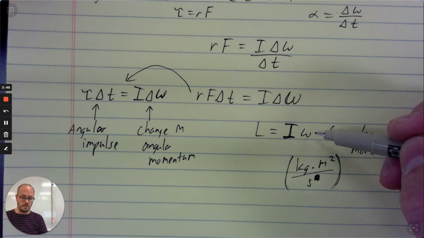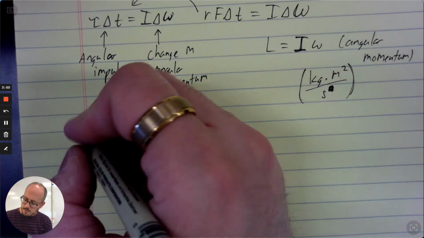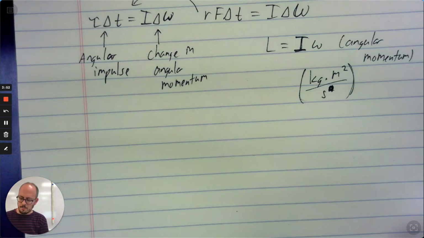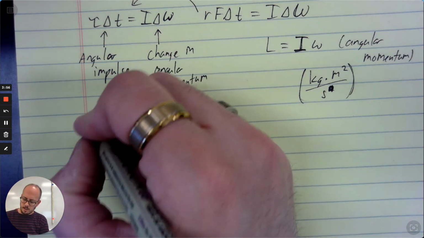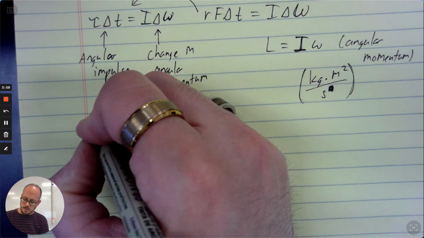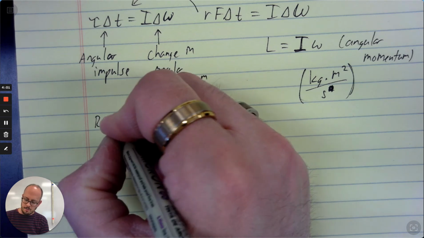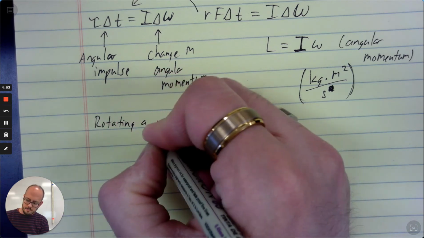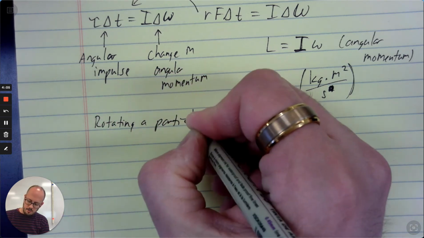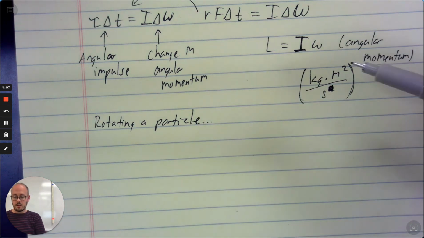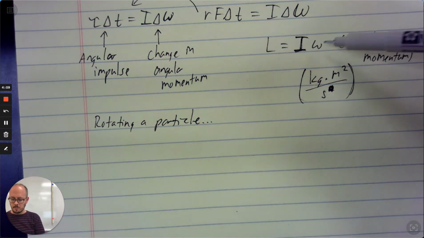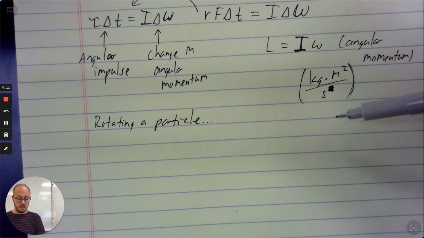But the question becomes, what if instead of rotating an extended object, you are rotating an individual particle? And so what you're going to see here is how angular momentum gets us back to linear momentum.